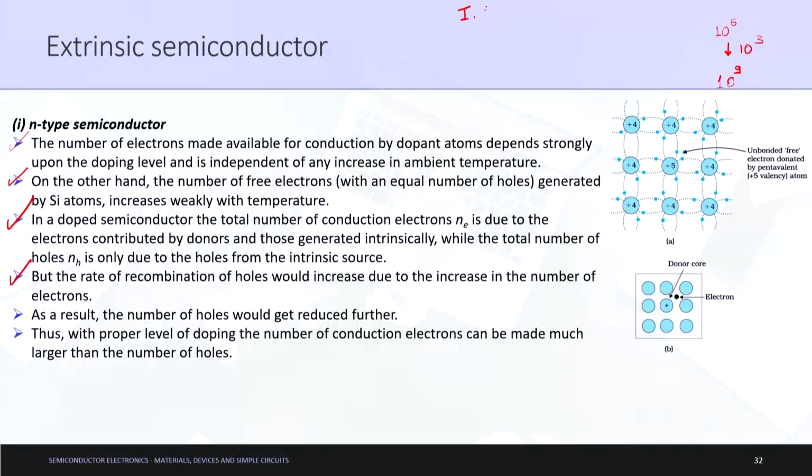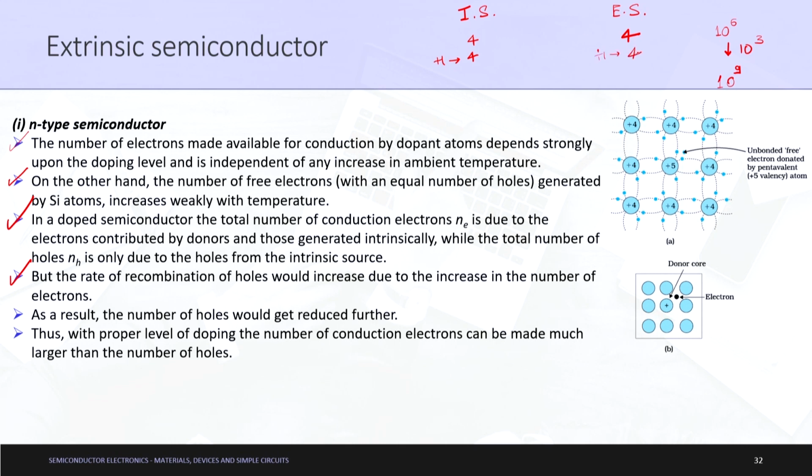Why? Let me take an example. Let us say for an intrinsic semiconductor and for an extrinsic semiconductor, right. In the intrinsic semiconductor, the electrons present are only due to the thermal excitation part. So, let us say there are 4 only. Let us take the same scenario here, the number of electrons imparted through thermal excitation were 4 only, right. So, 4 electrons will lead to the number of holes being 4 only.